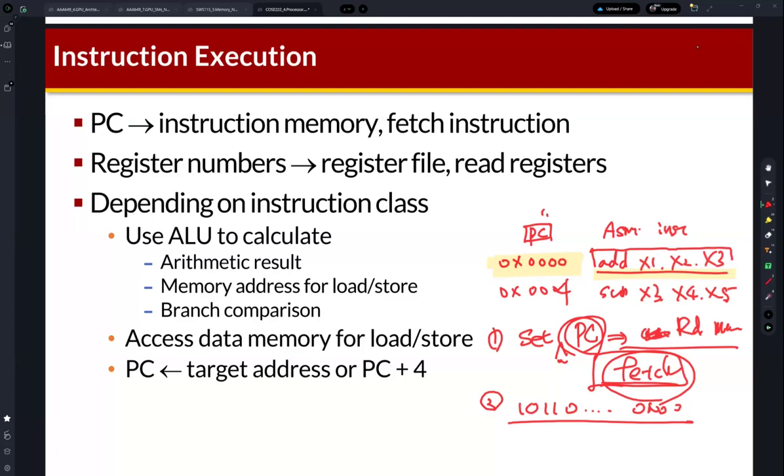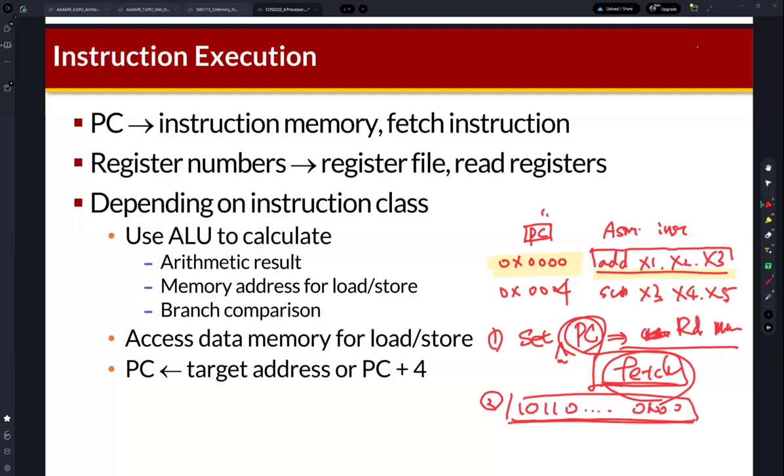A processor needs to analyze this machine instruction. In chapter 2, we learned how assembly instructions are translated or encoded into machine code.